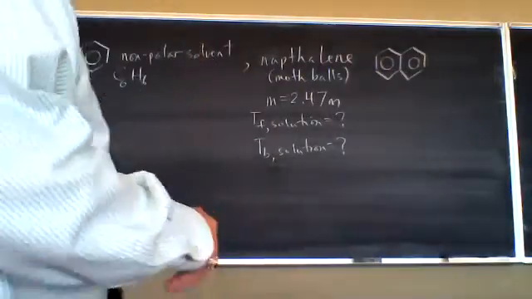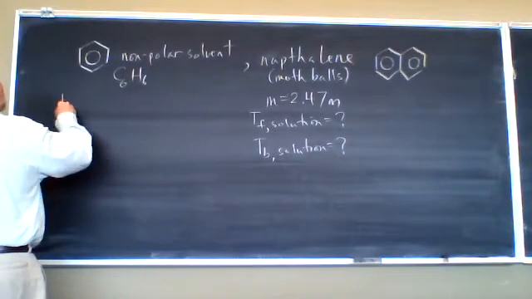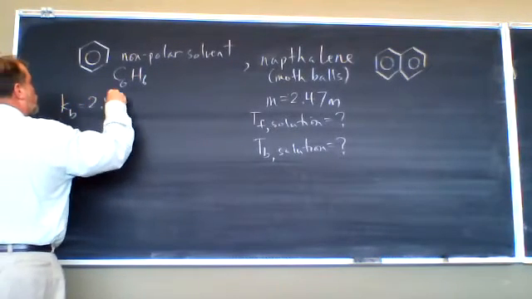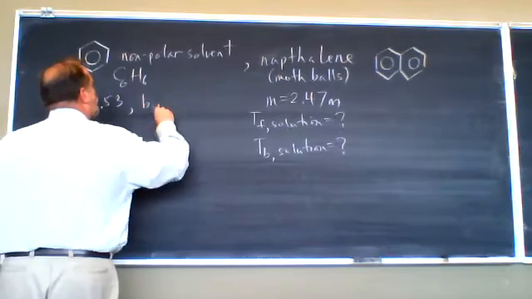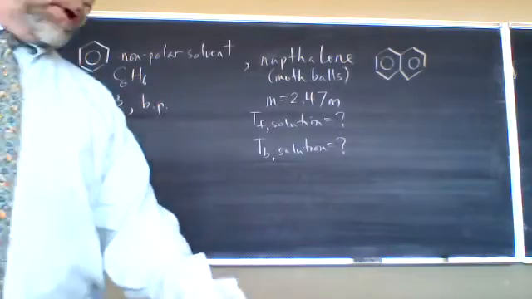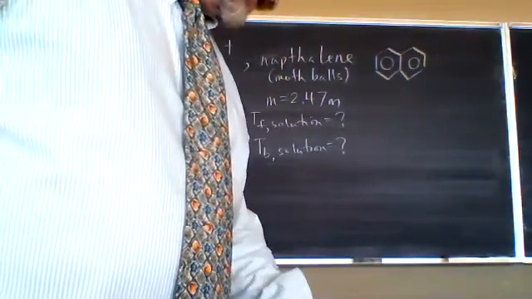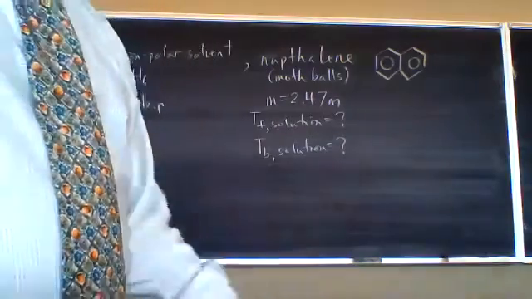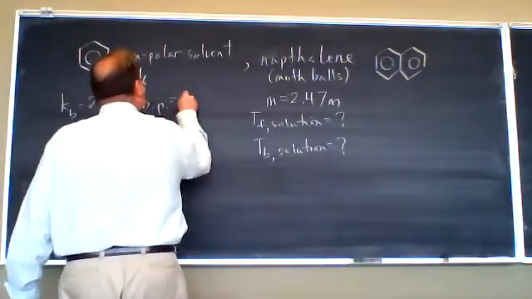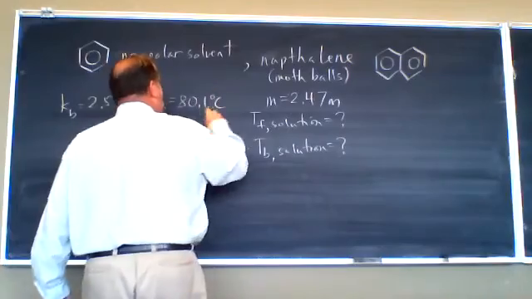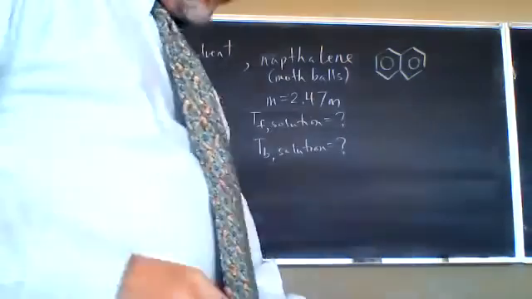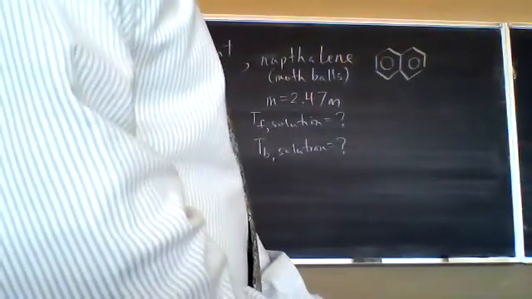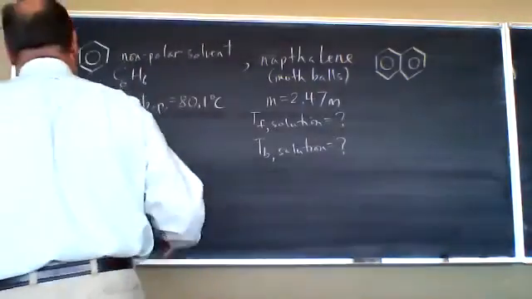Benzene has a K_b value of 2.53. And benzene has a boiling point of 80.1 degrees Celsius. The K_f value for benzene is equal to 4.90.